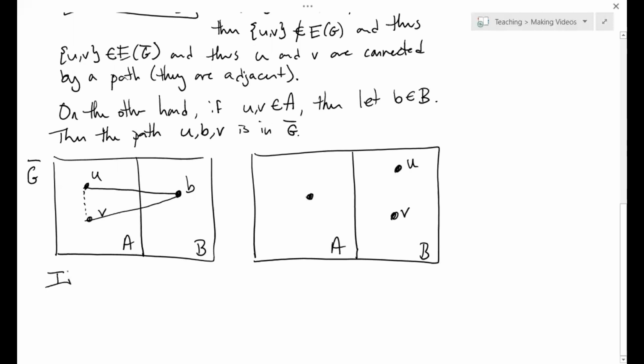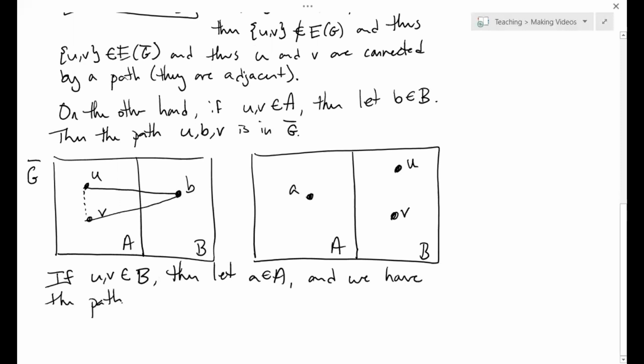If U and V were both in B, then let little a be anything in A, and we have the path U to a to V is in G bar.